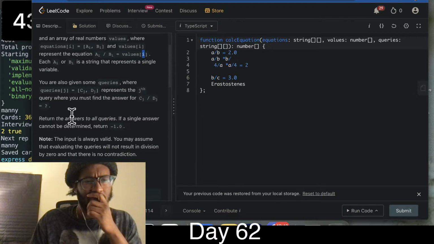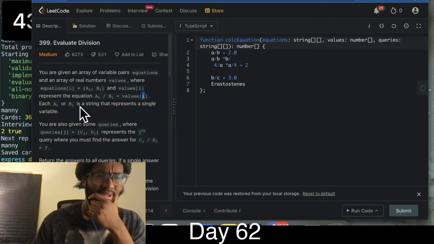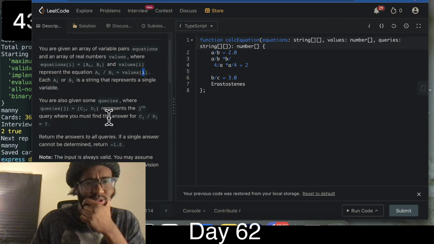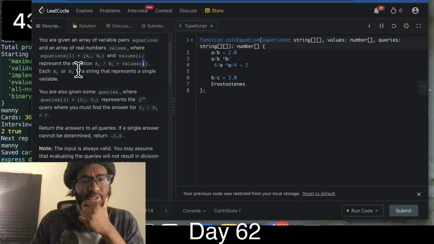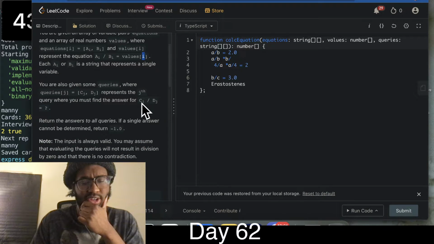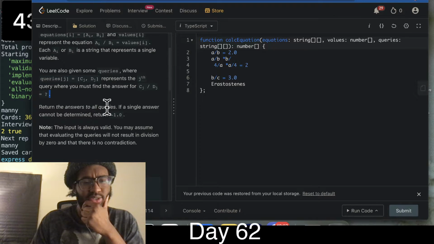We're getting some queries where query sub j is equal to c sub j, d sub j. It represents the jth query where you must find the answer for c sub j divided by d sub j equals question mark. Return the answers to all queries.